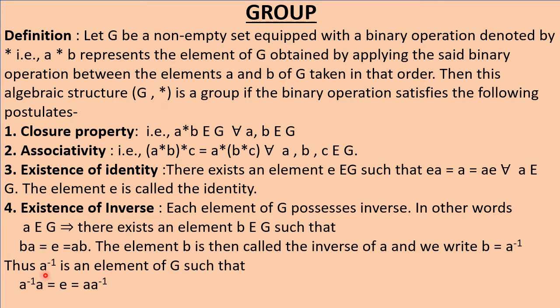Thus, A inverse is an element of G such that A inverse A is equal to E is equal to A A inverse. Now, if all these four postulates are satisfied, then the given algebraic structure will be a group.